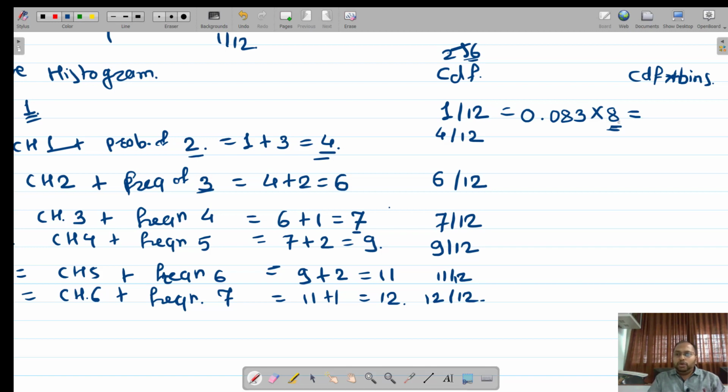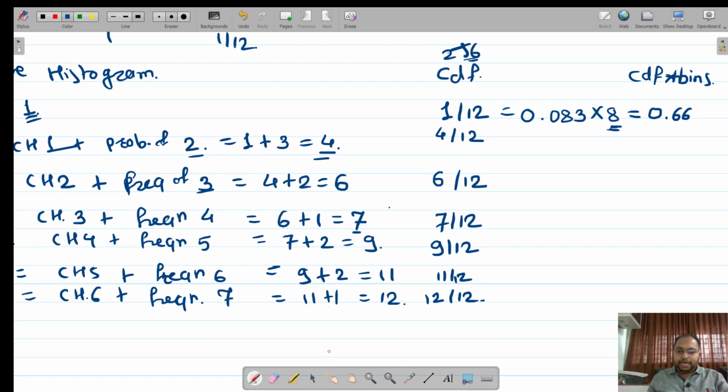Right now we have considered only 8 gray levels, so 0.83 multiplied by 8 is coming as 0.66.